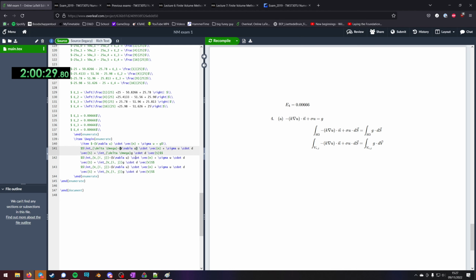So this goes from the entire thing to just our cell. Although this isn't over delta omega. Well, is it not? No, I don't think it is. This equals f.